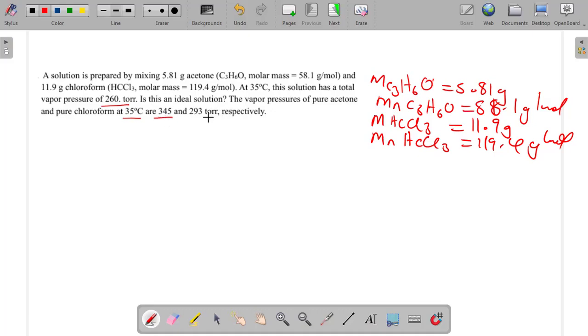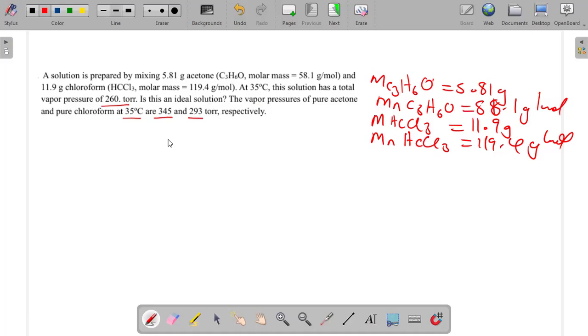The pure vapor pressure for acetone is 345, and for chloroform it is 293 respectively.